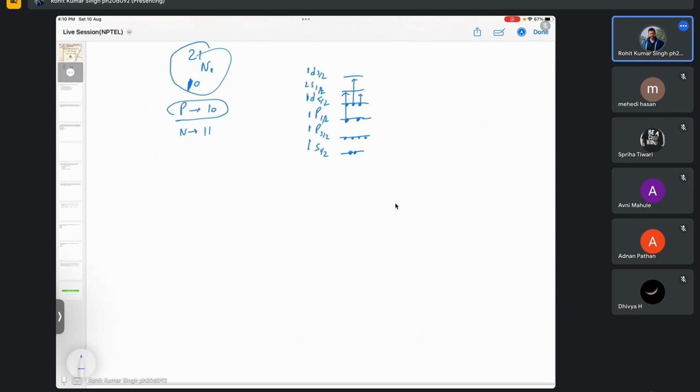So these possibilities are always there, given the amount of energy that is available. This is also discussed in the lectures for some other nucleus.